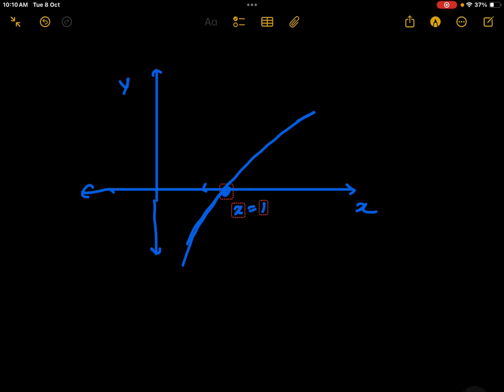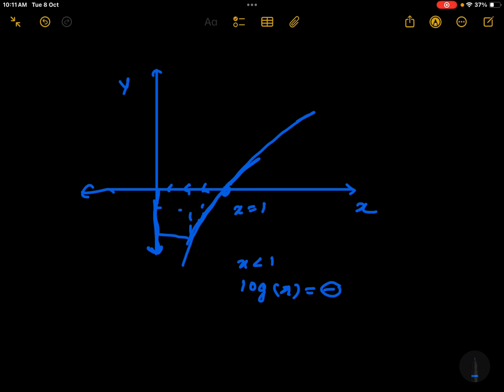It means when x is less than 1, the log x value will be negative. See, this is the y-axis. If we are taking values of x less than 1, we are getting negative values on the y-axis.